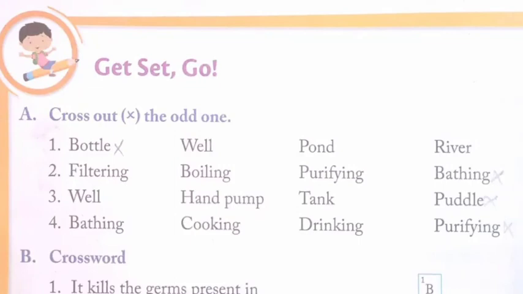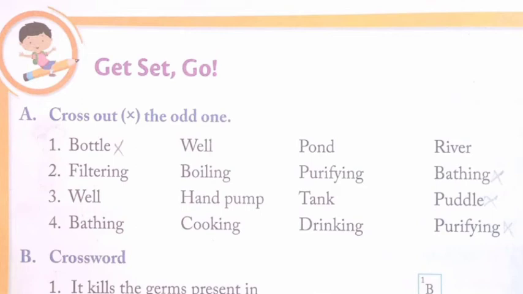You are given one more exercise to do. Get, set, go. It reads number A: cross out the odd ones: bottle, well, pond, and river. From these 4 things, we see that bottle is an odd one which doesn't fit into the category, so we put a cross in front of bottle.